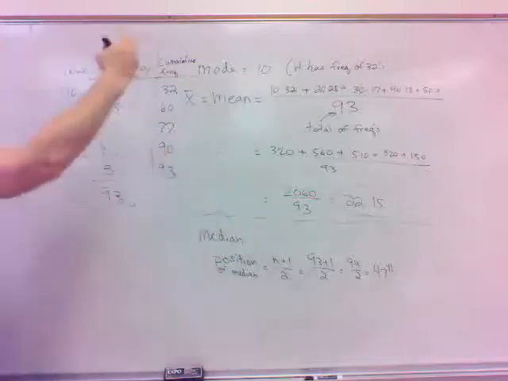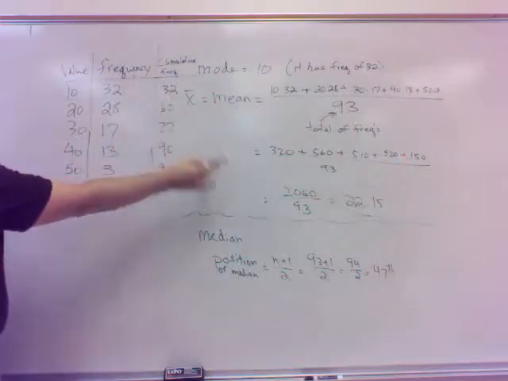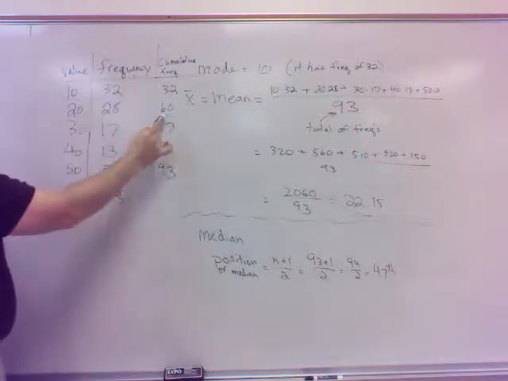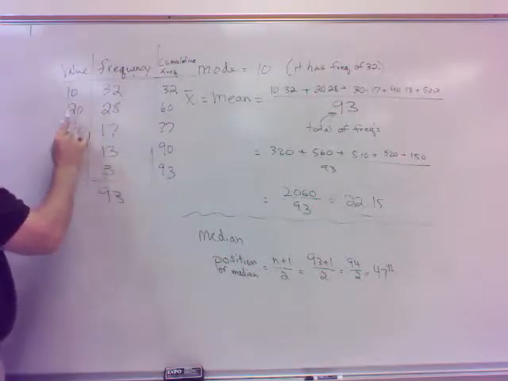Which one of those is in the 47th slot? Well, not that one, because I'm not there yet. Aha! The last 20 is in the 60th slot. So wouldn't the median be 20? Median has to be 20, wouldn't it?